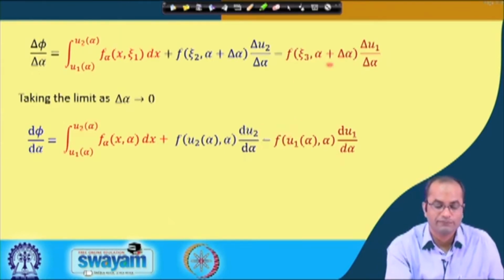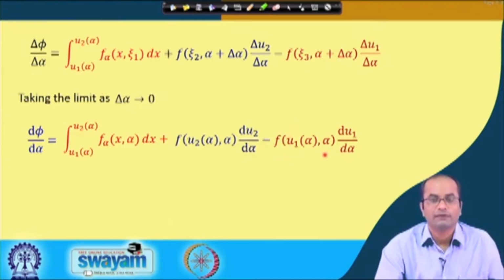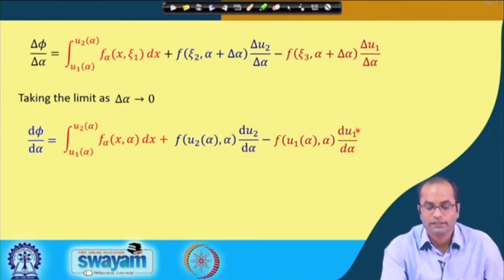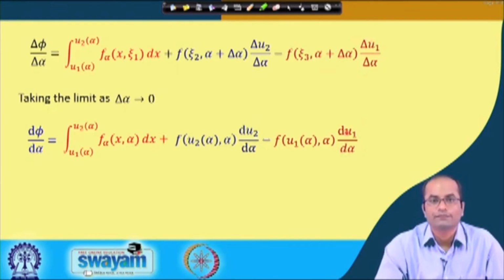So, we have here f at u 1 alpha, and this alpha plus delta alpha will be alpha as delta alpha goes to 0, and then this delta u 1 over delta alpha will become the derivative again of u 1 with respect to alpha.